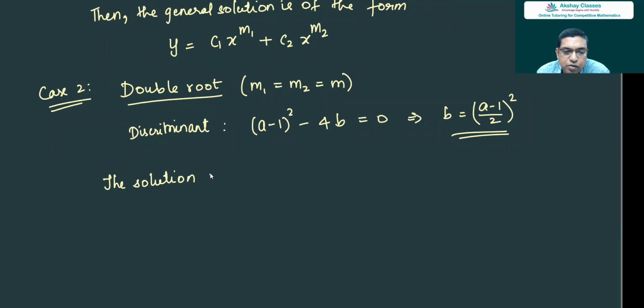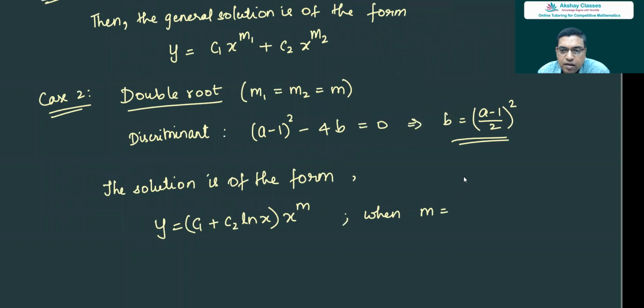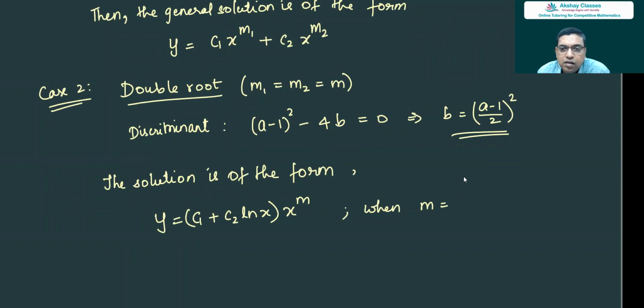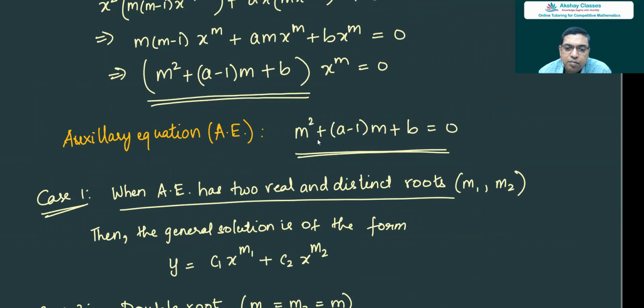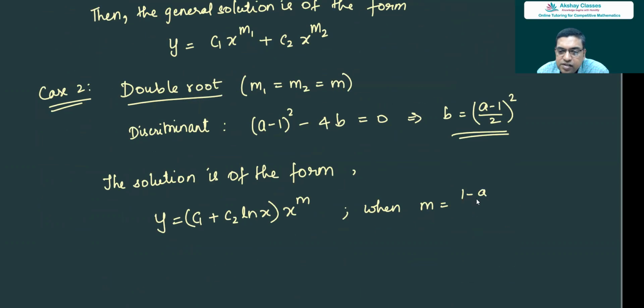Now the solution is like this. The general solution is of the form y is equal to c1 plus c2 log x times x power m, where m will be minus b by 2, that is minus of a minus 1 by 2. So where m is 1 minus a upon 2.